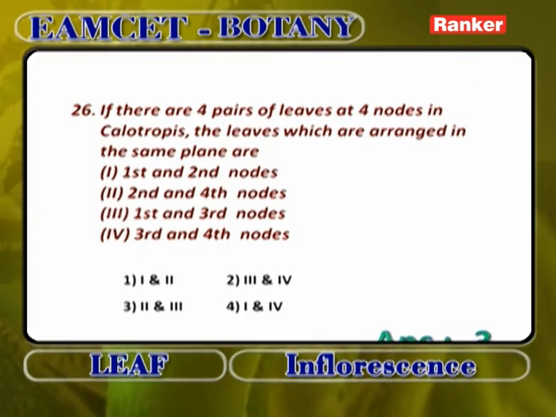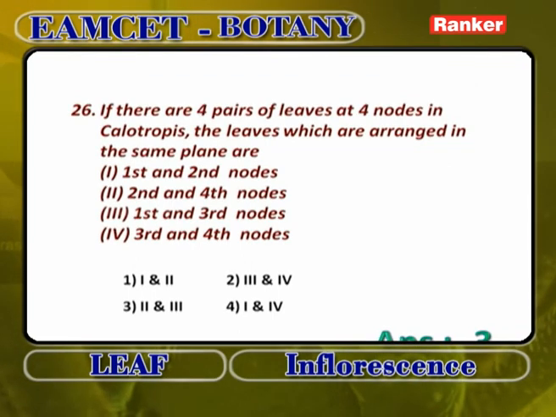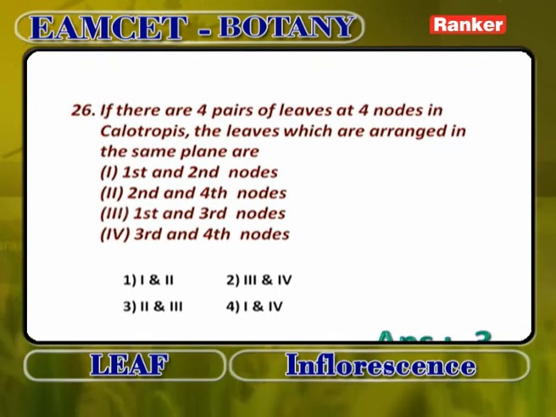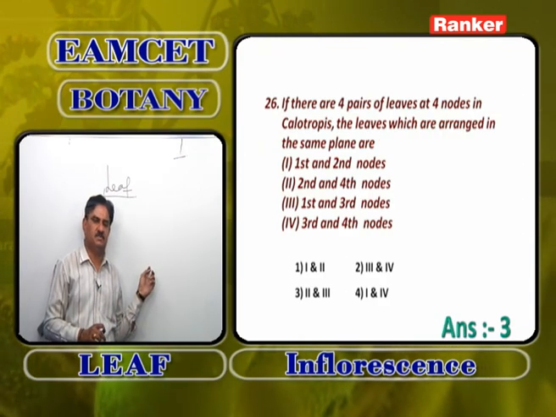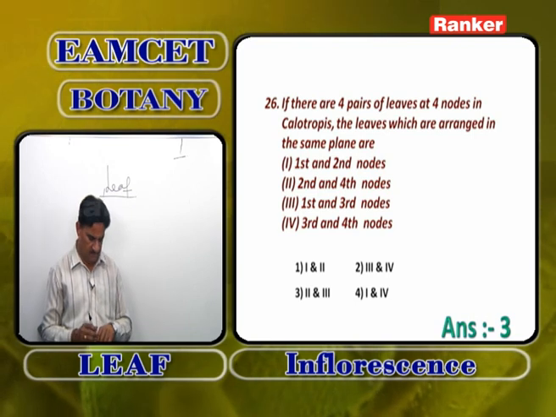Because in the first and third nodes they are arranged in a superposed manner. In the second and fourth nodes they are also arranged in a superposed manner, but at right angles to the first and third nodes. The 4 pairs of leaves at 4 nodes of Calotropis show opposite decussate phyllotaxy.